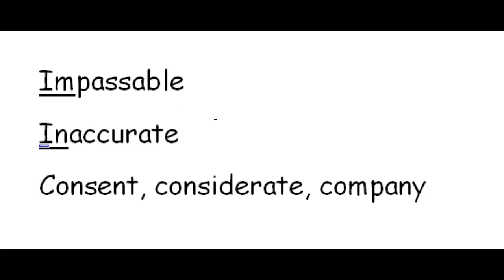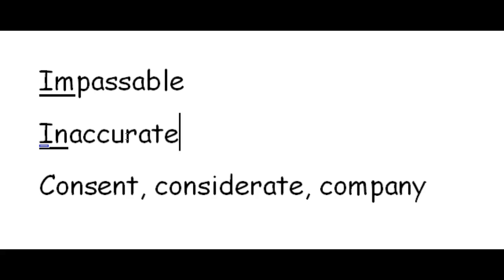So, I know that the prefixes im and in can mean not. This helps me to figure out that impassable, okay, passable means to be able to move around. Impassable means not able to be moved around. Inaccurate, I know that accurate means that it is correct or true. So inaccurate means not correct or true.